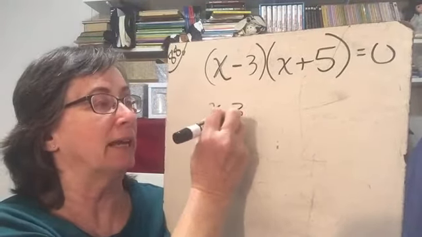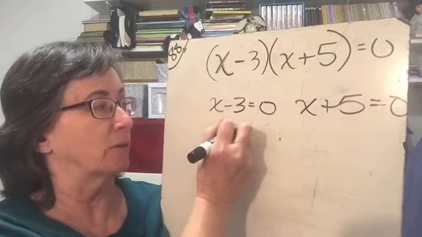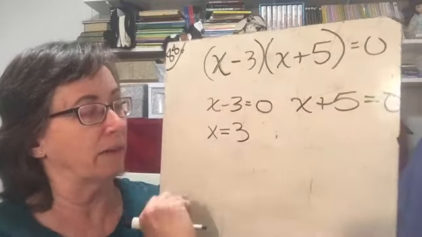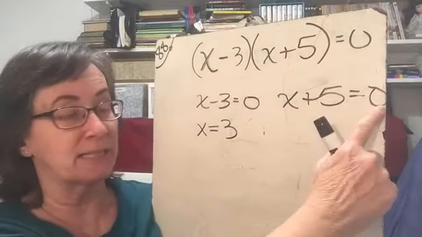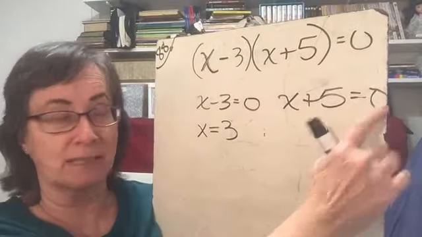Okay, so x minus 3 means that x equals 3 when I add 3 and add 3. And here I'll subtract 5 and subtract 5, and I'll get x is negative 5. Two solutions.